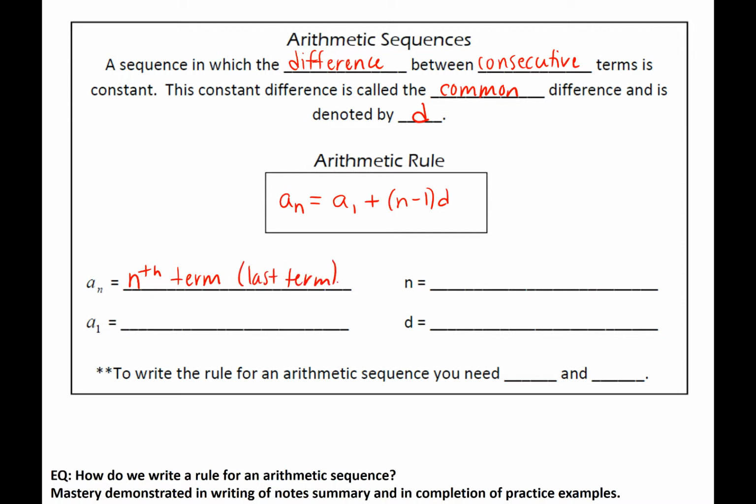It's whatever term you want it to be. Then a sub 1 means it's the first term in our sequence. N stands for the number of the term, so if I want the 10th term, then n would be 10, and so forth. D would be the common difference.